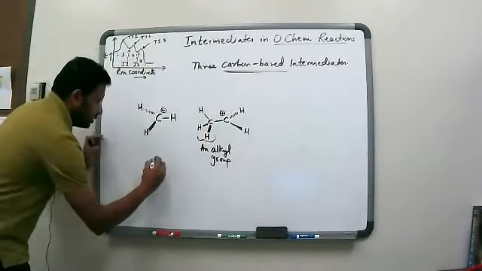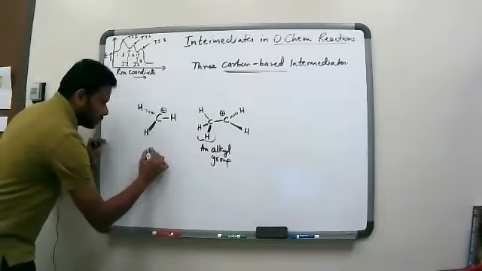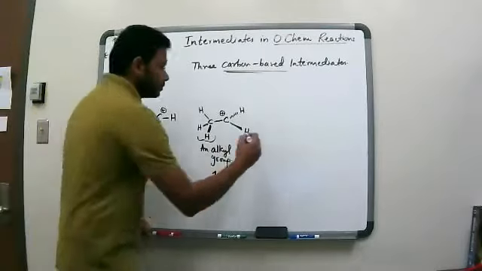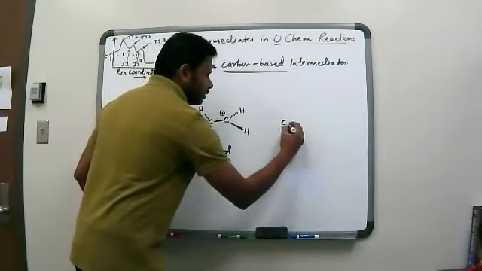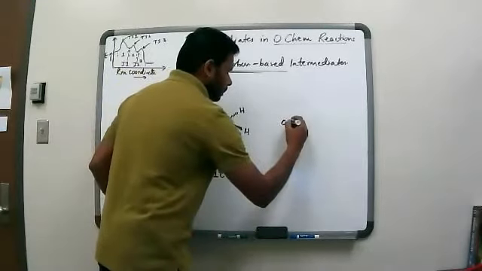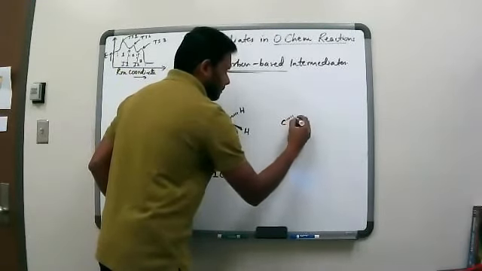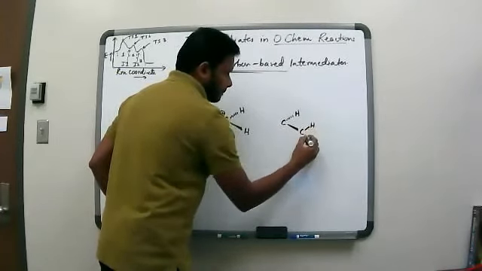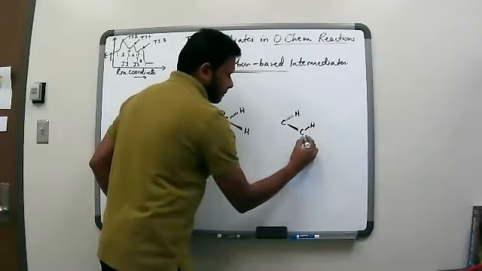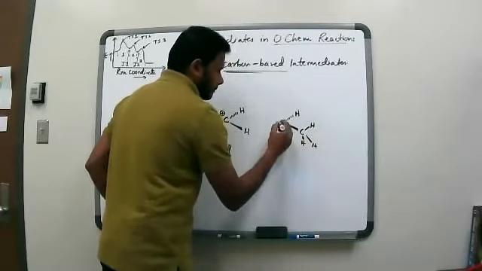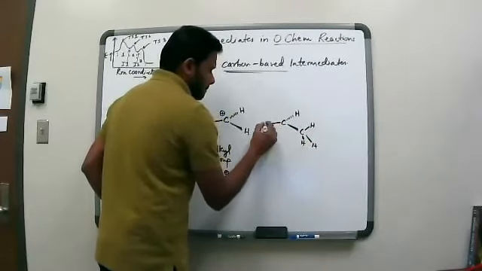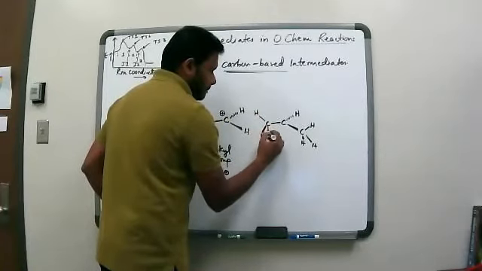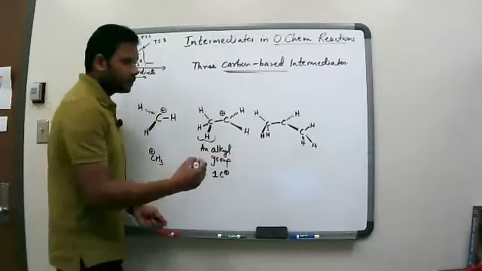So thus we have a methyl carbocation, we have a primary carbocation, and then we can imagine a carbon with two carbon containing groups.